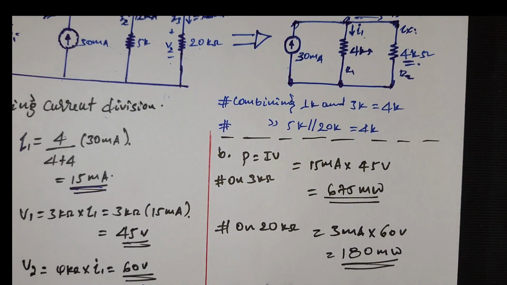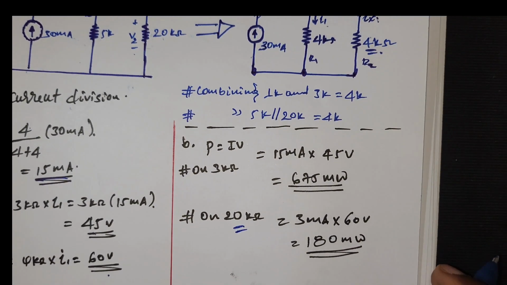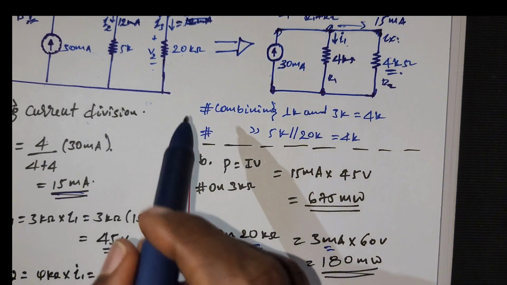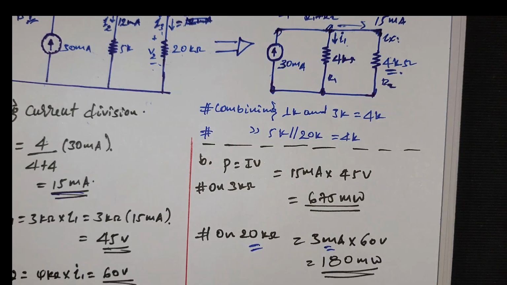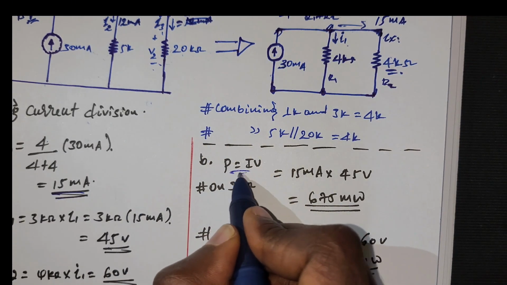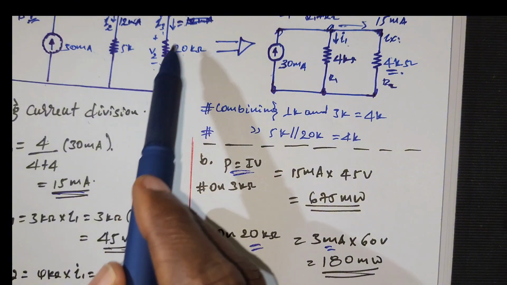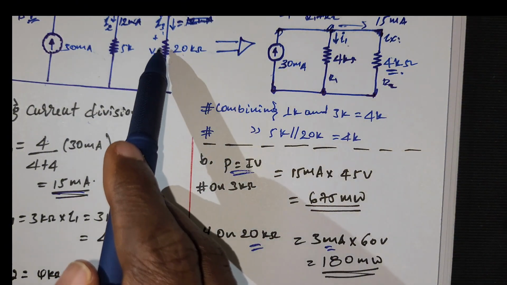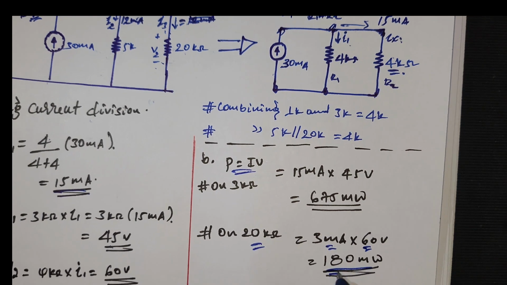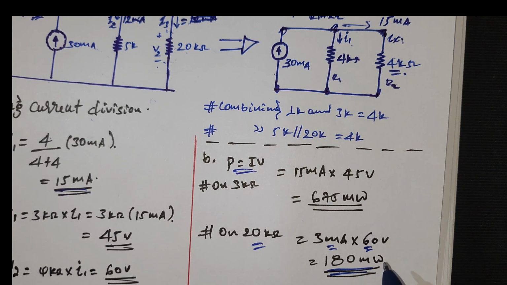The power on 20K is 3 milliampere times the voltage across these two. We know that power is I times V. The current I3 is 3 milliampere. The voltage across V2 is 60. So the power is 180 milliwatt.